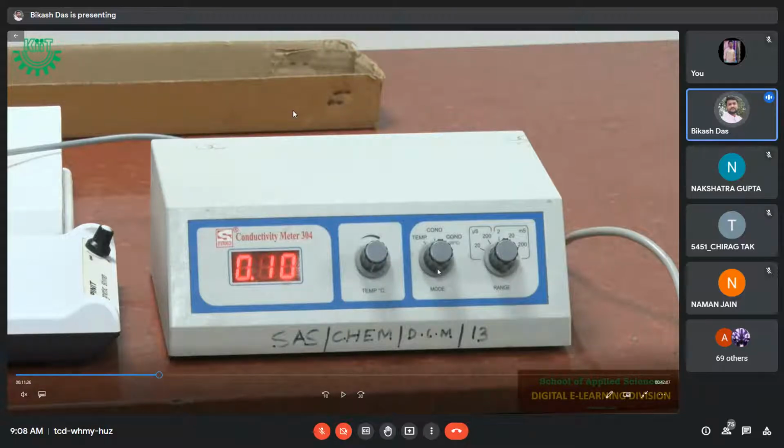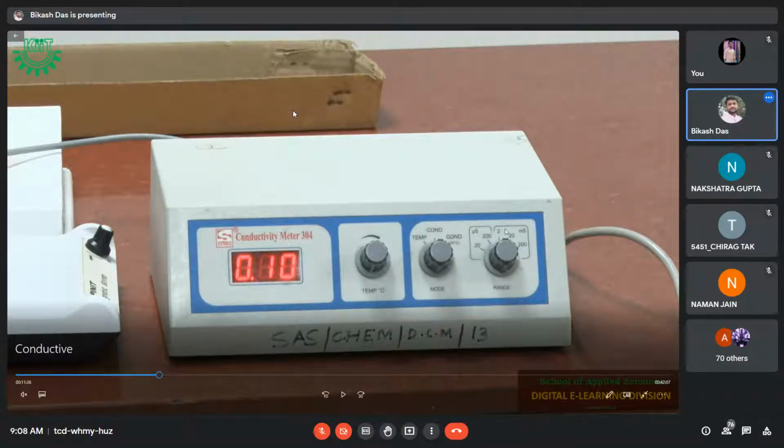Scientifically it is observed that the conductance range of HCl lies between 2 and 20 millisiemens. This is millisiemens, this is microsiemens. So the minimum range of conductance of HCl is 2 and the maximum range is 20.